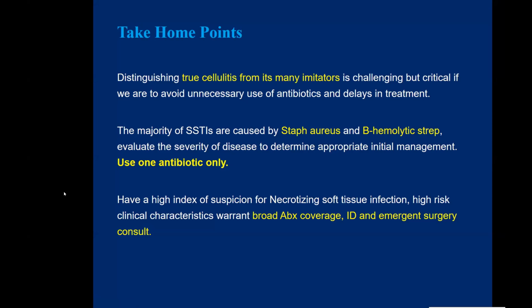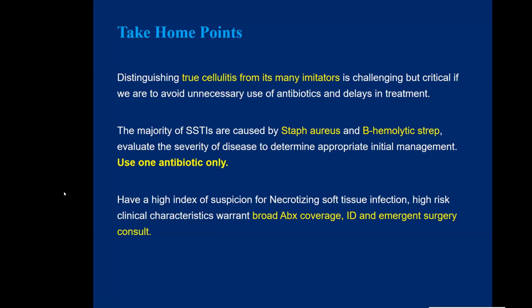Some take-home points. So first, the diagnosis and doubt of a diagnosis of cellulitis. Distinguish true cellulitis from its many imitators. Is critical. So if you're not diagnosing correctly, how can you treat correctly? Second, the majority of cellulitis is caused by staph and beta hemolytic strep.